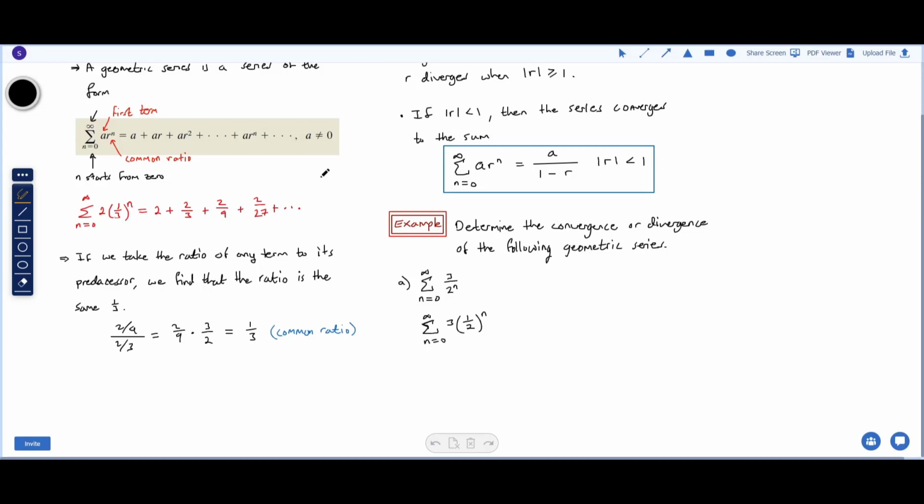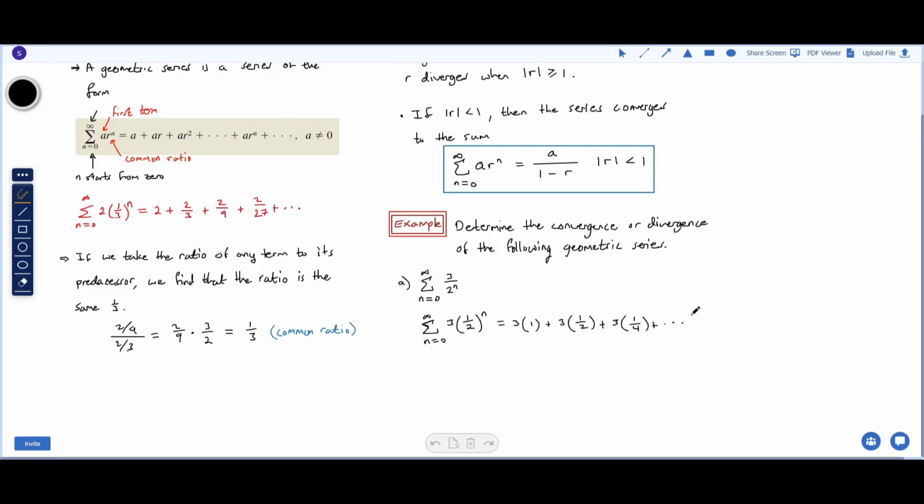So we factored the 3, wrote the 1/2 as a power of n, and now if you like, you can also write out the first 2 or 3 terms. For n equals 0 it's 3 times 1, for n equals 1 it's 3 times 1 over 2, then 3 times 1 over 4, and so on.